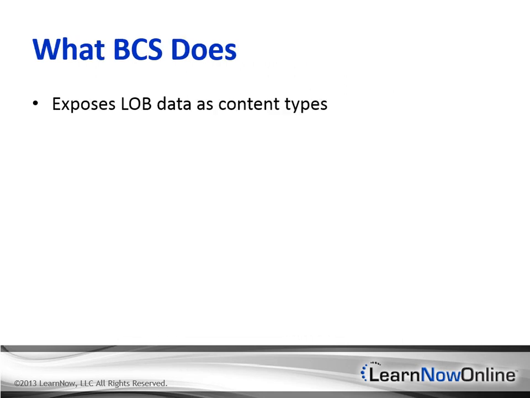So what BCS does, again, is expose line of business data. It does it using a special kind of content type, an external content type. And once you have that external content type, you can create a list from that. And so you can get it into that format that SharePoint loves. SharePoint loves lists. Pretty much everything in SharePoint is a list, even document libraries. A document library is just another glorified list.